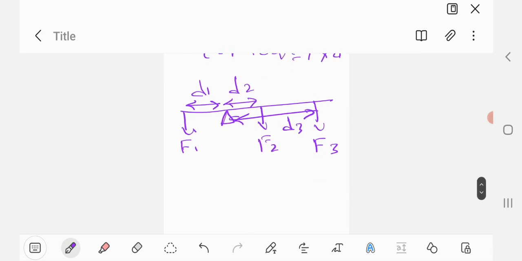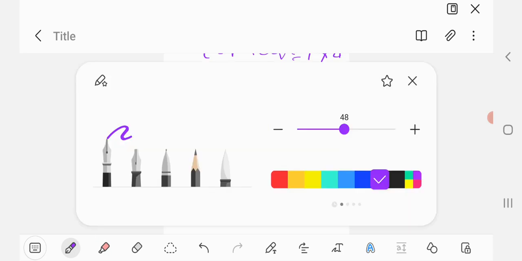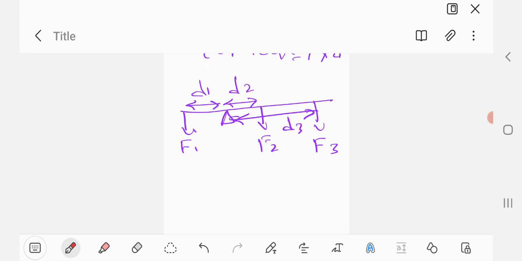So according to the law of principle of moments, you can say that if an object is balanced, it means the forces are balanced. Forces are balanced means anti-clockwise moment will be equal to clockwise moment. And how the forces are balanced: you can see there are three forces acting in the downward direction, but some force also acts in the upward direction from the pivot point.